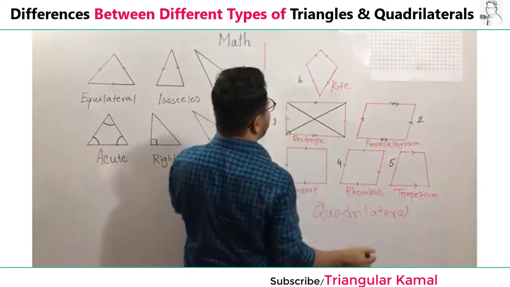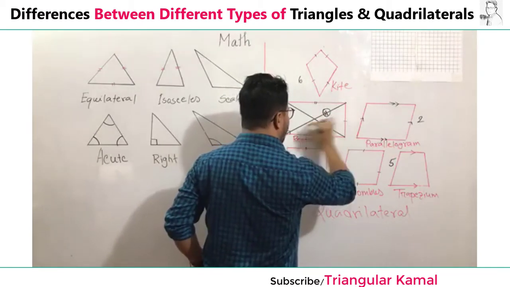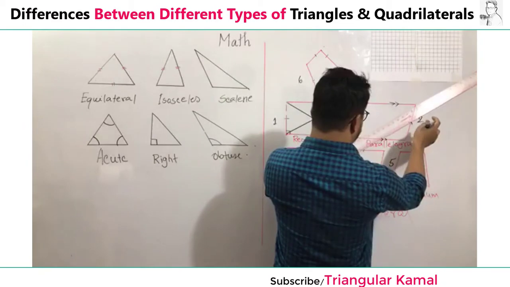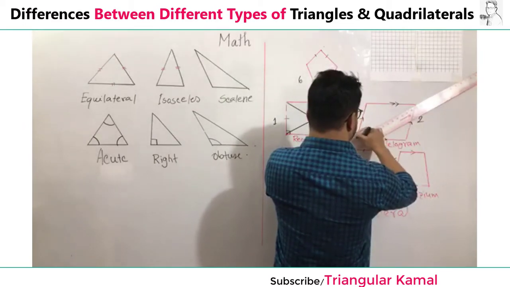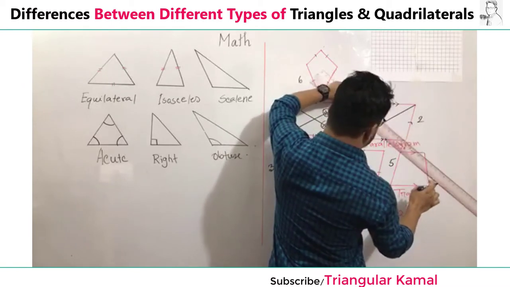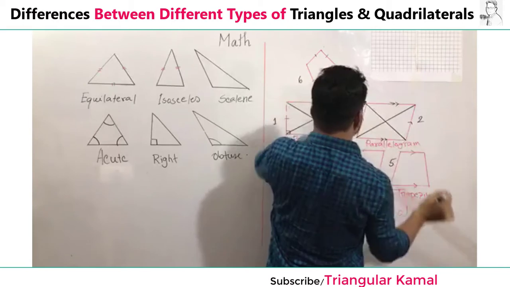In a rectangle, these two diagonals are the same. But in a parallelogram, if we draw the diagonals, they will not be the same.